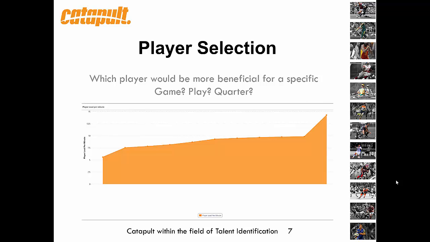And this might be a way for you to use, for example, player load per minute, which is a marker of intensity, for this type of selection. This is just merely an example of what you can create on OpenField.